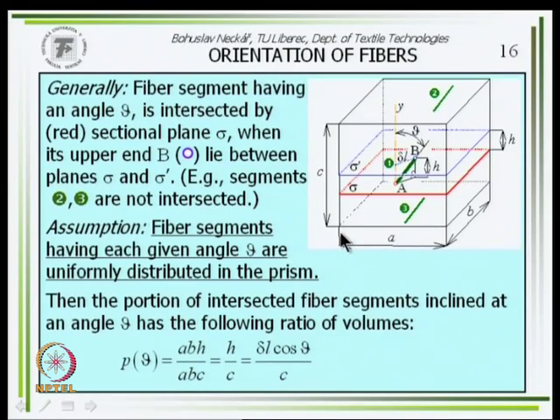So the probability of section of our fiber segment is A B h by A B C. After rearranging, we obtain this expression.